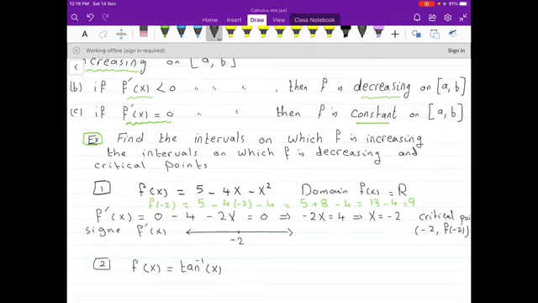Minus 4 minus 2 times minus 1 plus 2, so the sign is negative. And if you choose a number less than minus 2, like minus 4, you substitute and get minus 4 minus 2 times minus 4, which is minus 4 plus 8, so the sign is positive.